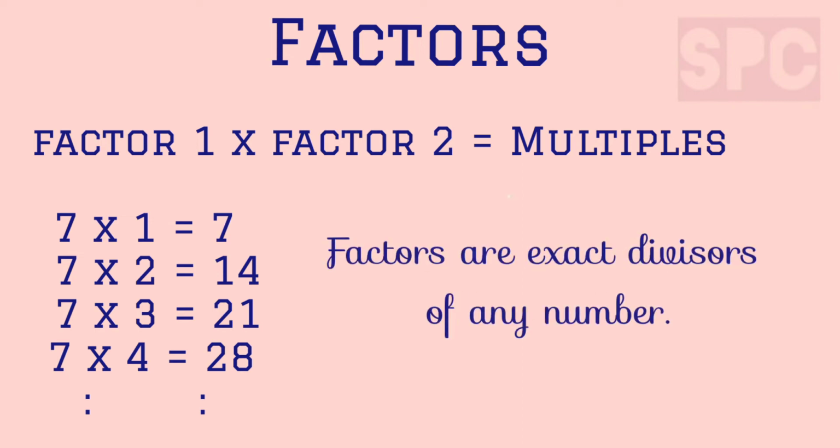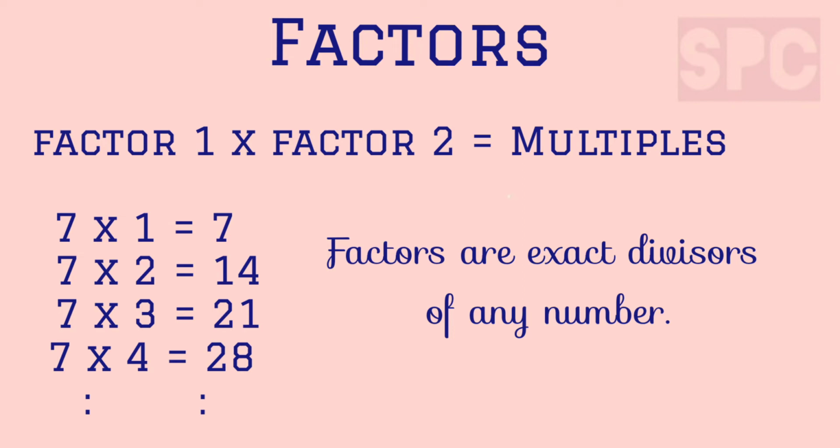So you can say that factors are those numbers which when divide a particular number, leave the remainder 0. It means each factor is an exact divisor of the given number.